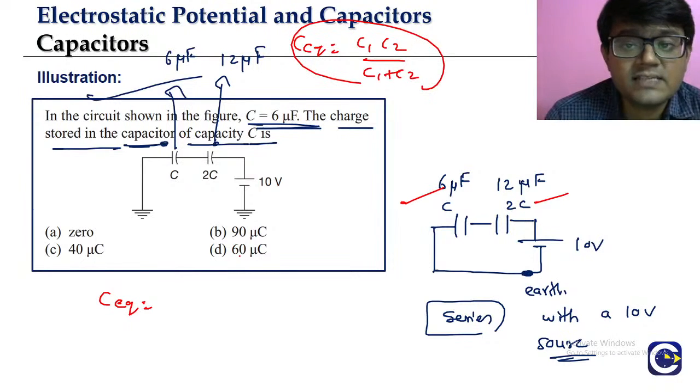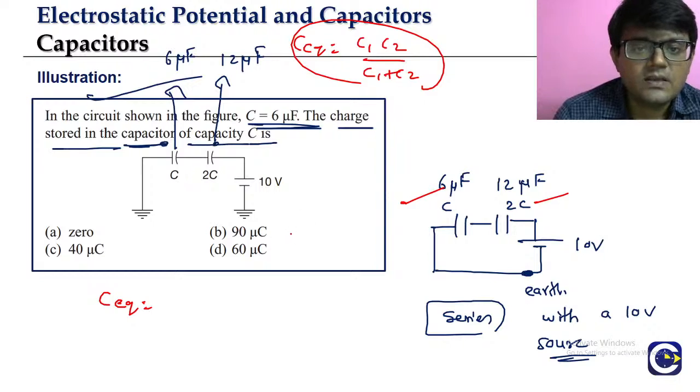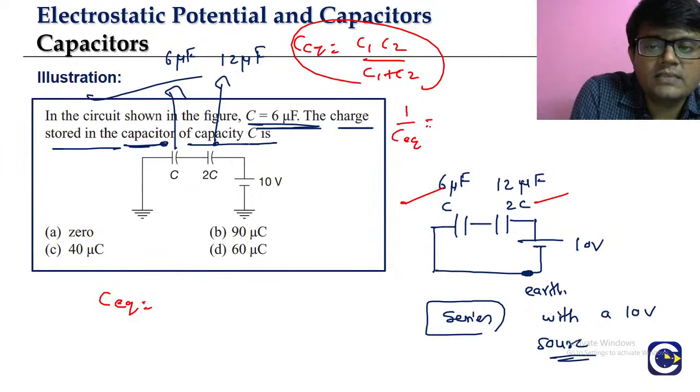If two capacitors are in series, what is the equivalent capacitance? C1 C2 by C1 plus C2. The actual relation is 1 by C equivalent equals 1 by C1 plus 1 by C2.